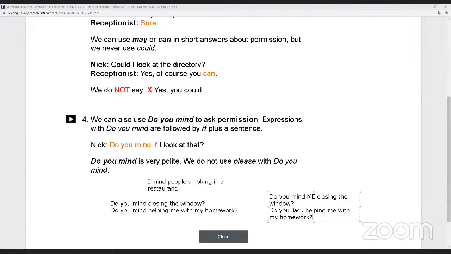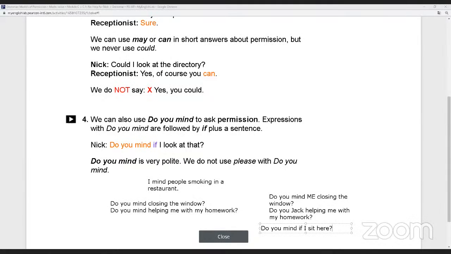You can also use the other form, and this is what we have in the example. Do you mind if I sit here? So as you can see, we have a lot of options.